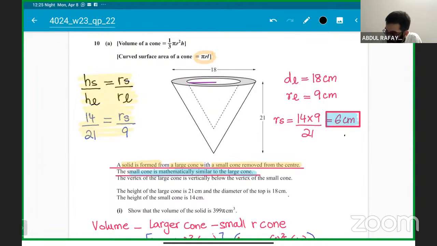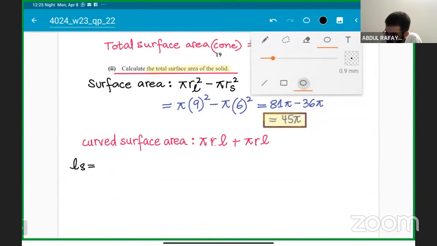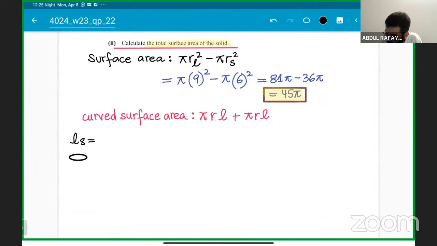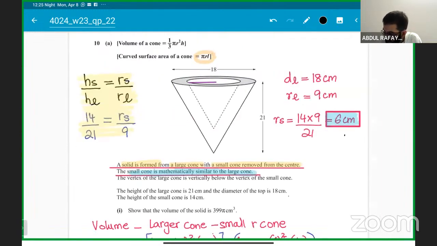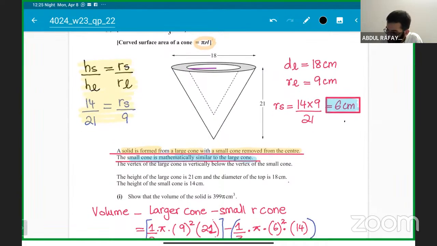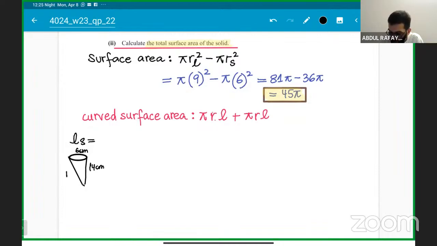Okay, or let's make a diagram as well for students to understand carefully. ठीक है, तो ये हो जाएगा basically for the smaller cone कि sir ये आ रहा है, ये 6 सेंटीमीटर द रेडियस. ओके, स्मॉलर कोन का रेडियस है सर 6 सेंटीमीटर, और उसकी हाइट जो थी स्मॉलर कोन की हाइट हाउ मच, 14. ओके, सो 14 और 6 है, और क्योंकि ये हाइपोटेनस होता है स्टूडेंट्स, इसको ऐड करना पड़ेगा, तो इट विल बी 6 स्क्वायर प्लस 14 स्क्वायर एंड द स्क्वायर रूट. ओके, इट विल बी 6 स्क्वायर प्लस द 14 square, 232, and based on the square root we got that slant height will be square root of 232 of the smaller one.